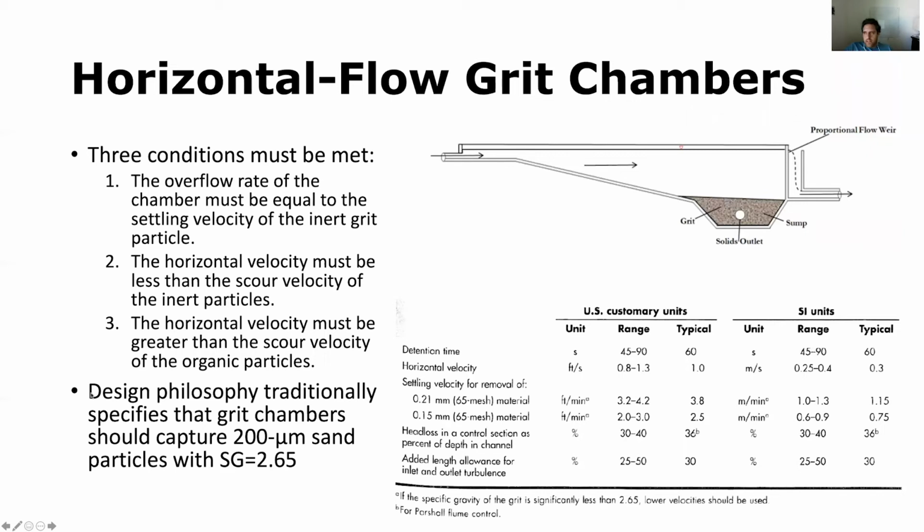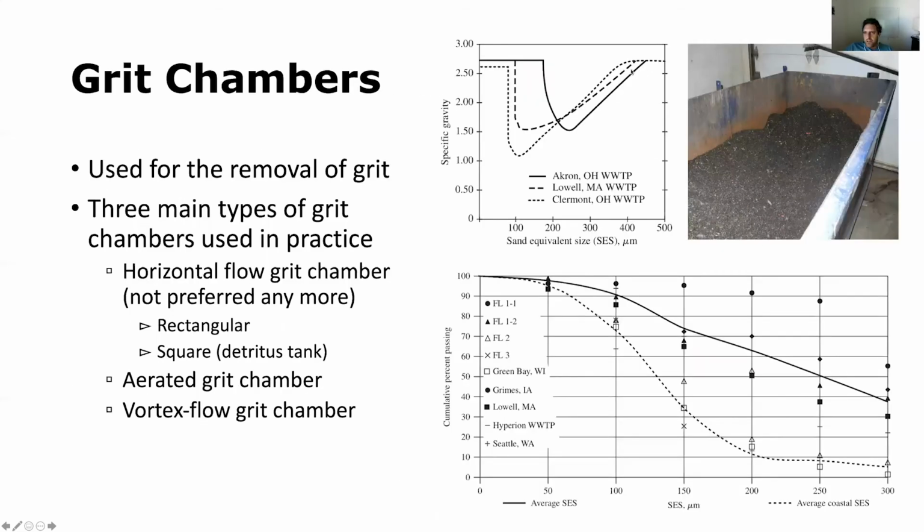So traditional design philosophy specifies that grit chambers should be designed to capture 200 micron sand particles with specific gravity of 2.65. But as you can see from these plots shown in the previous slide, not all sand particles or grit particles have the same specific gravity.